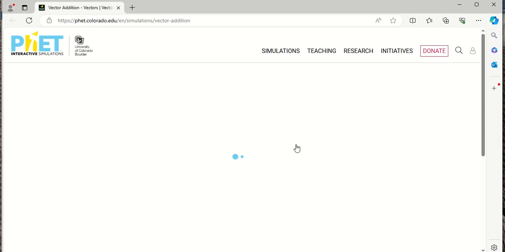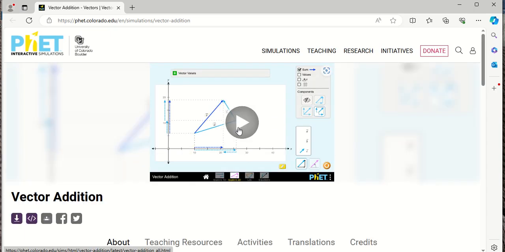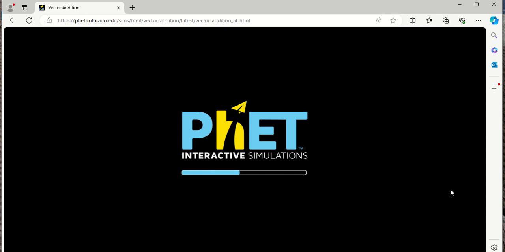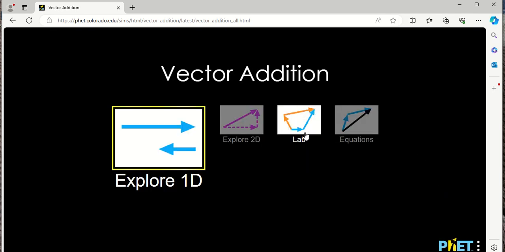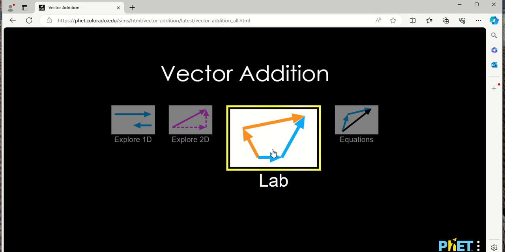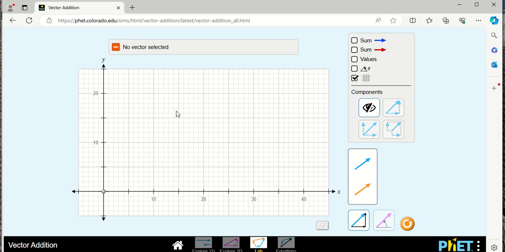Here it is, and you click play, and then let's go to lab. And here's your grid, here are your 2 vectors, and we want to do values, and we want to do angles. We'll click that. Now let's go back to the template.